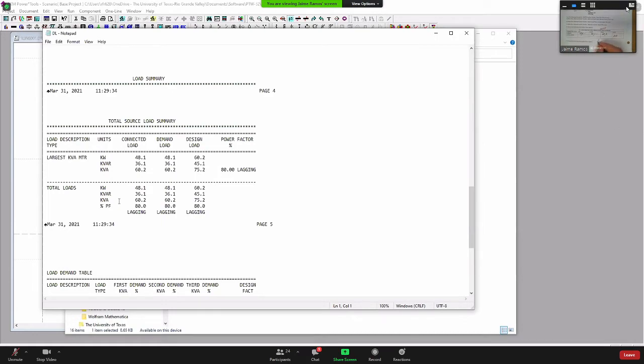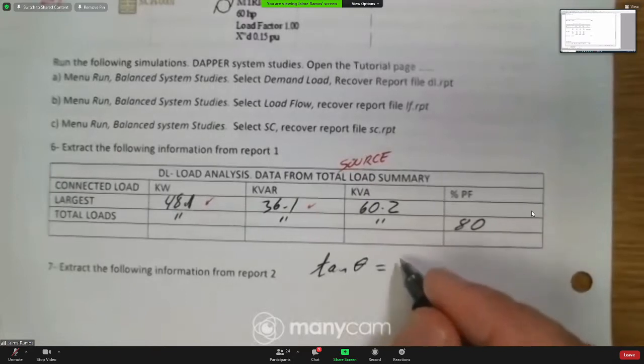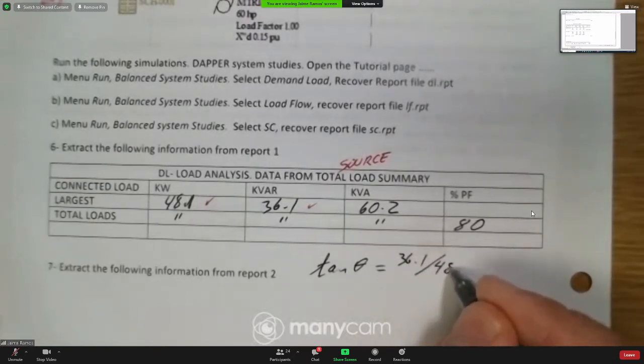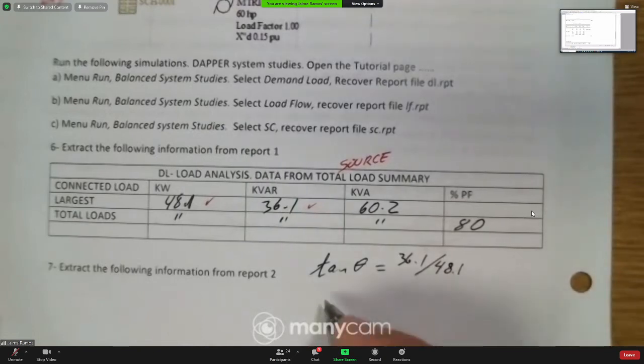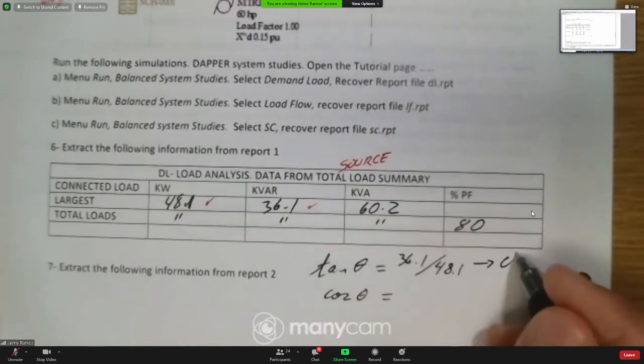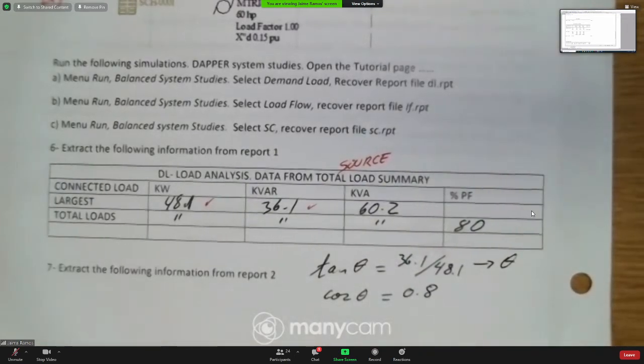I did tan theta equals 36.1 over 48.1. And then once I got theta, I did cosine theta. So here we get theta, and then cosine theta 0.8. Okay. So that's this part.